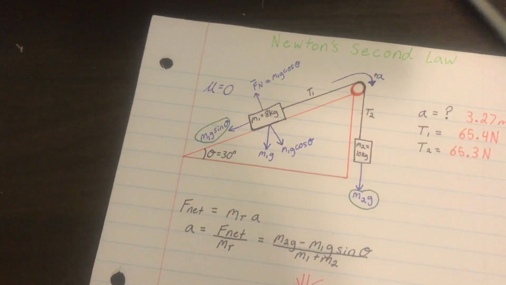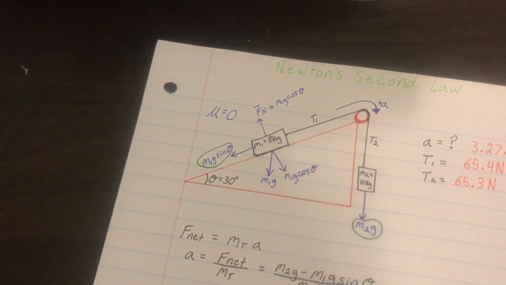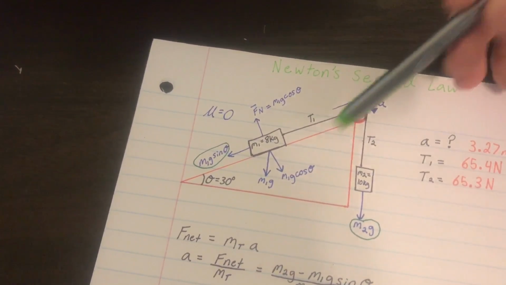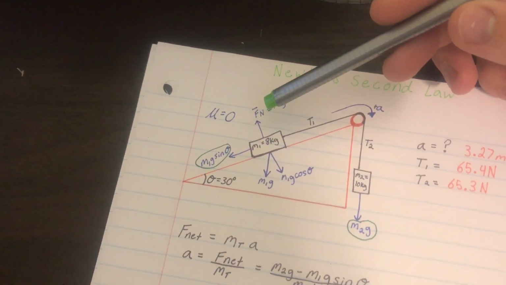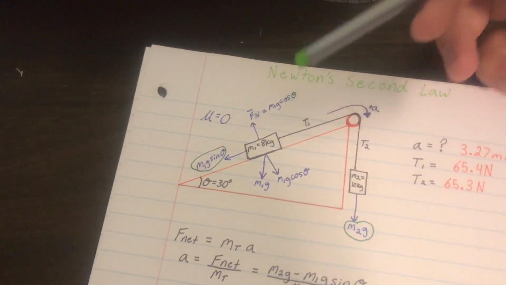So at this point, I knew that m1g cosine theta was equal to the normal force, so I made that note here.